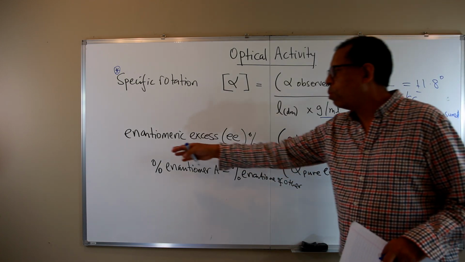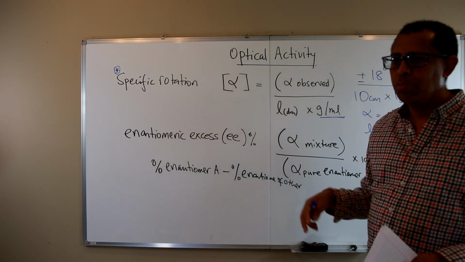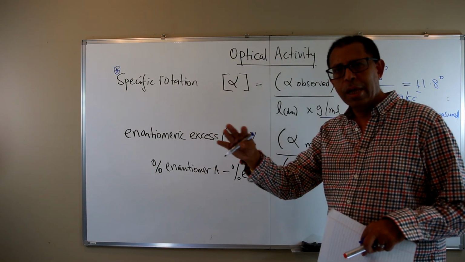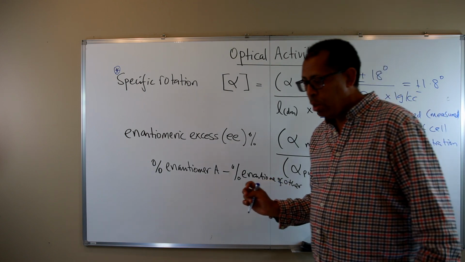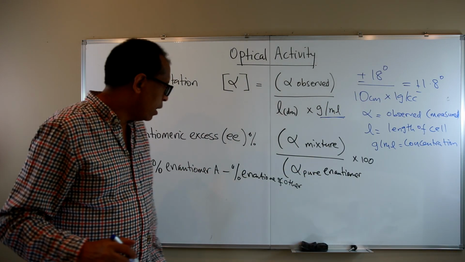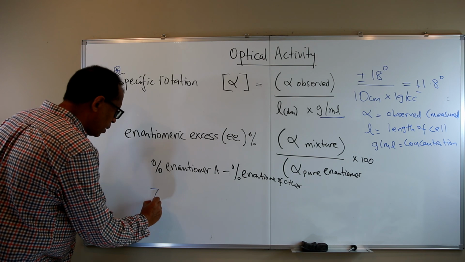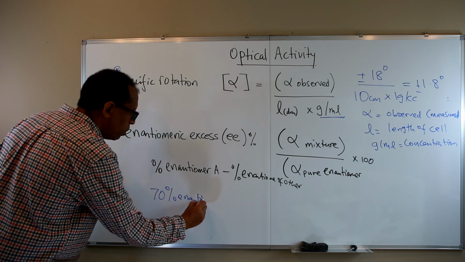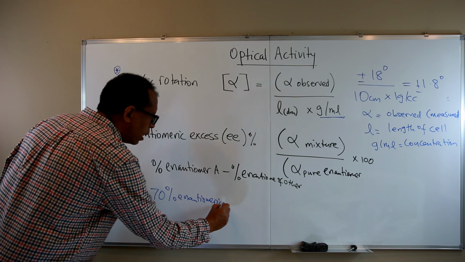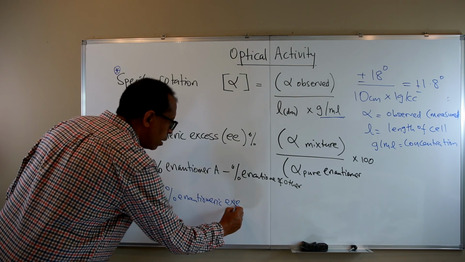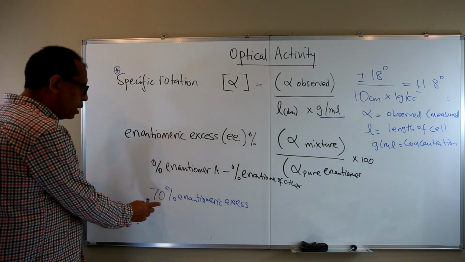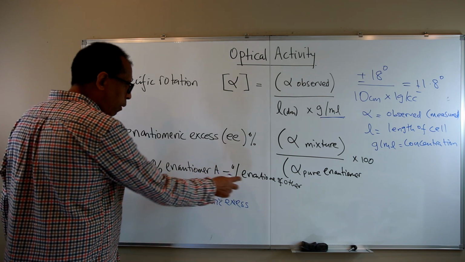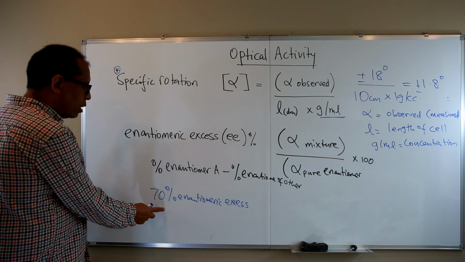So you want to measure the enantiomeric excess, meaning how much of the pure enantiomer is over the other. So if somebody gives you a 70% enantiomeric excess sample, it means that the difference between one enantiomer over the other is 70%.